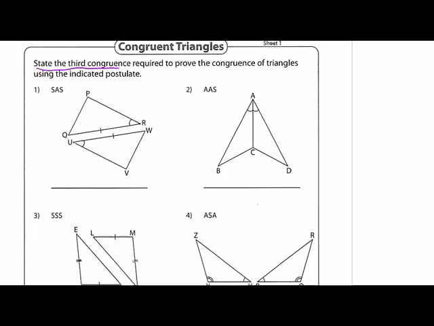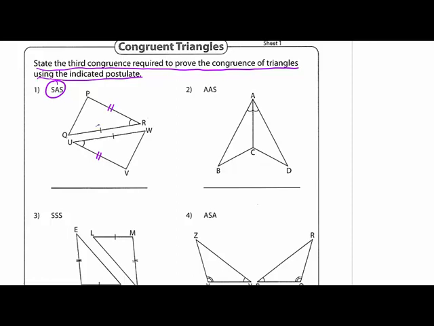Now it says, state the third congruence required to prove the congruence of triangles using the indicated postulate. Now here they're saying side angle side, and we know that the angle needs to be the included angle between two sides. So we would need this side and this side in order to complete the statement.